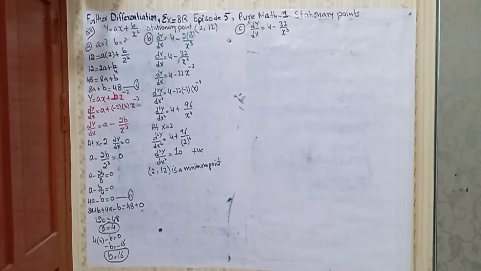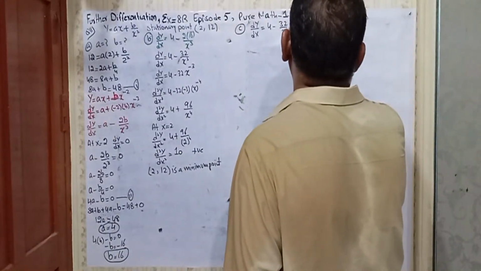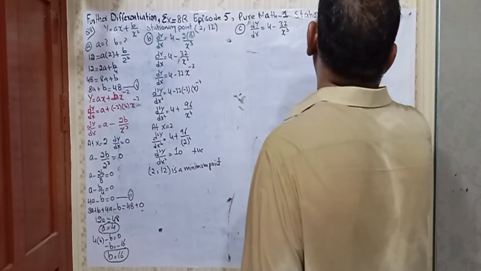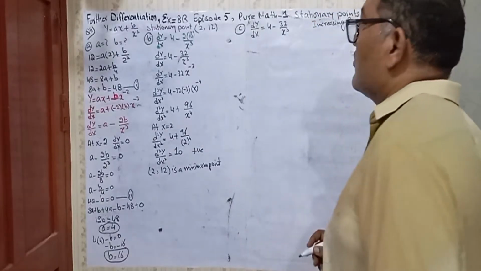It is the C part of the question: find the range of values of x for which the function (ax + b)/x² is increasing. So we are basically interested in finding where the function is increasing. Okay, so we have to find that out.